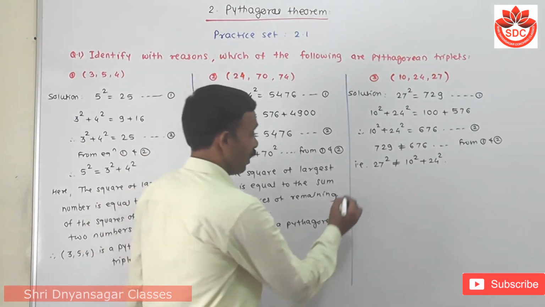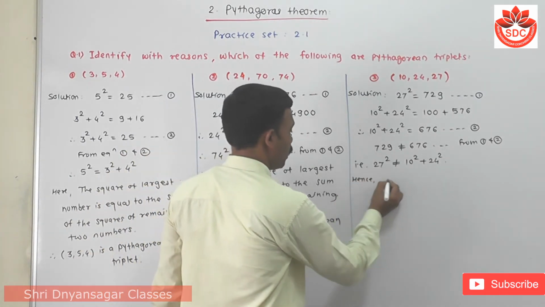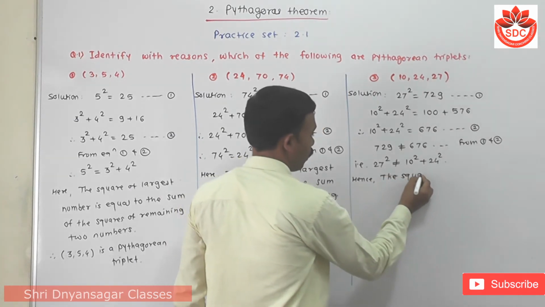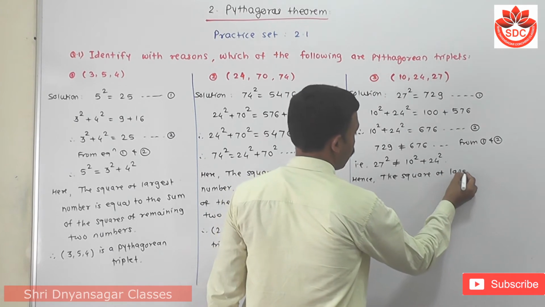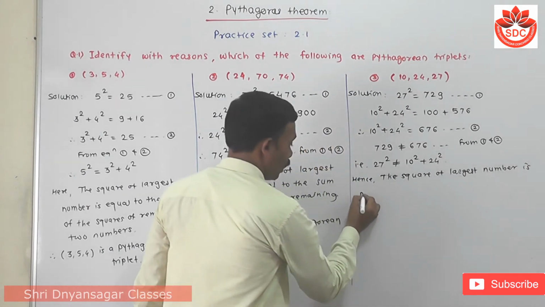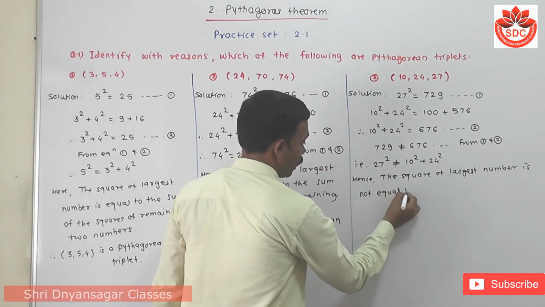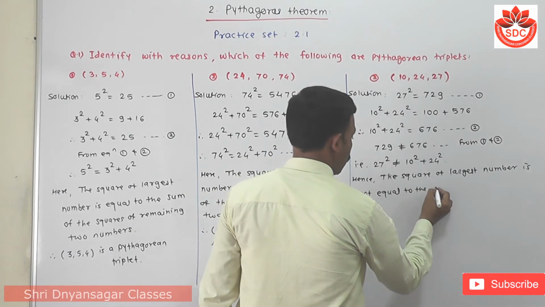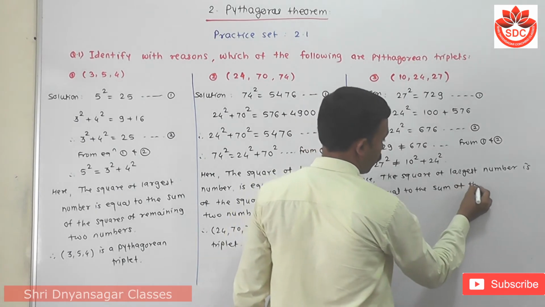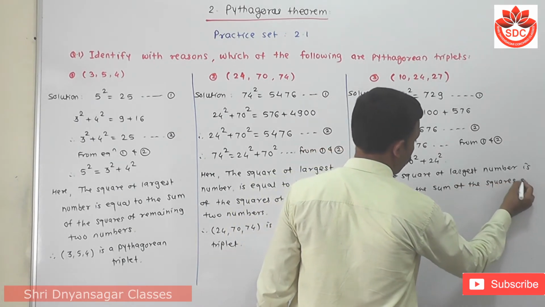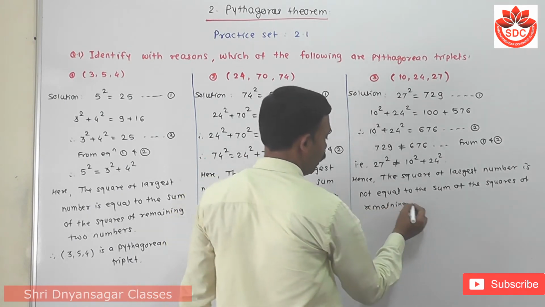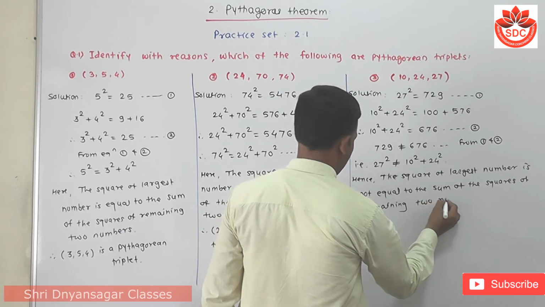So we write here, hence the square of the largest number is not equal to the sum of the squares of the remaining two numbers.